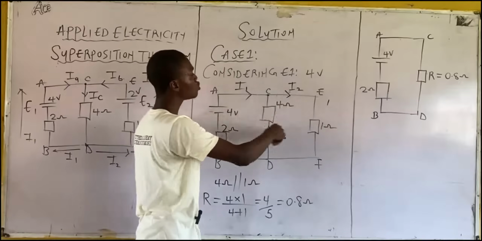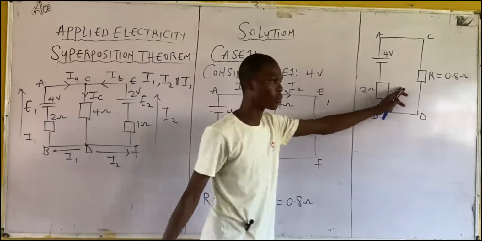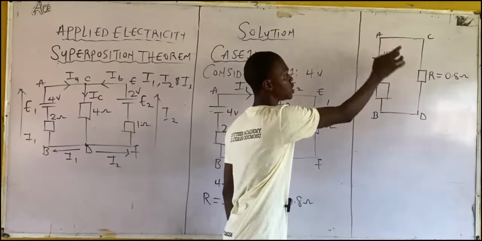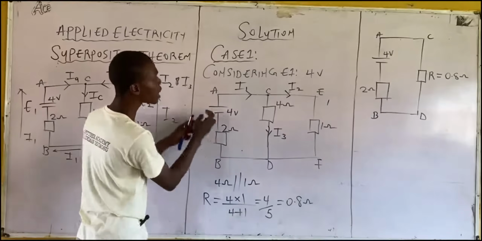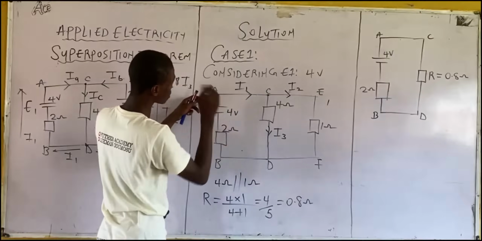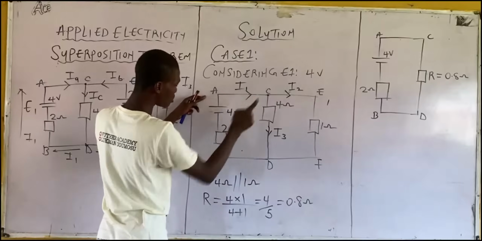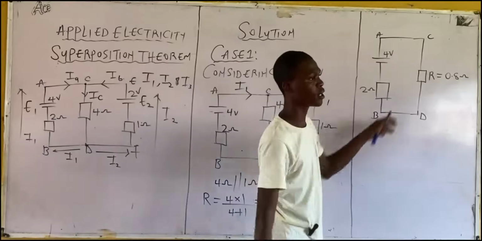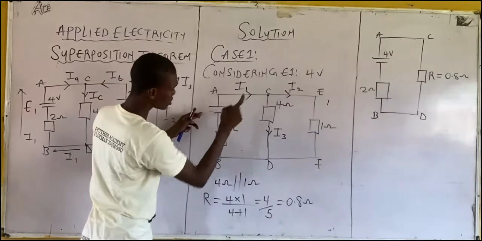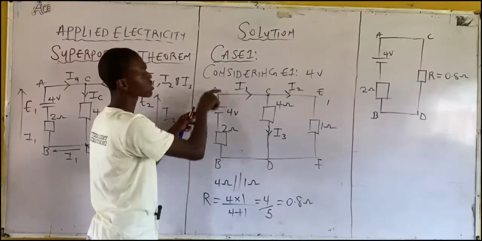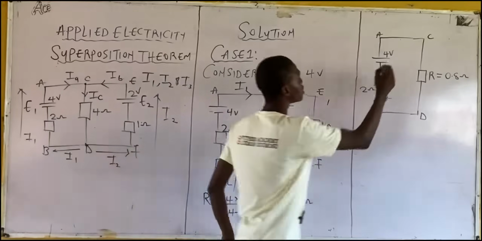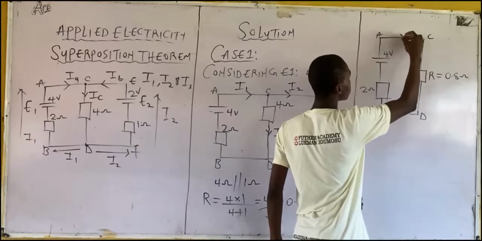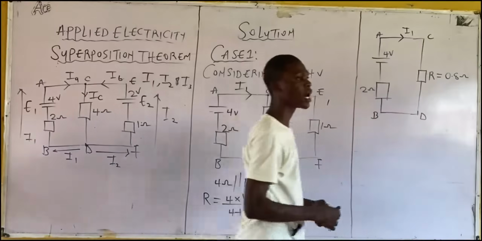Doing comparison between this diagram and this diagram, what will be the current that I'm going to indicate here? What do you call it? I1, right? From here, this is branch A, C, B, D. And that's what we have here. And from A, C, B, D, you are seeing that I1 is flowing through these branches. Similarly, you have I1 here too. Hope you are getting the idea.